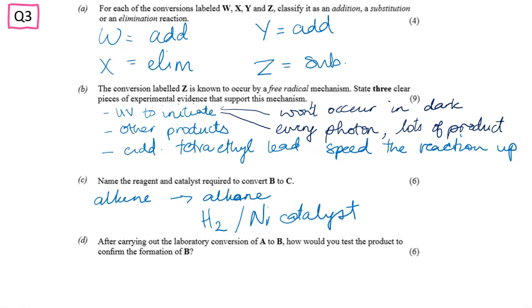D, after carrying out the conversion of A to B, how would you test the product to confirm the formation of B? And so here they're asking us for the test for unsaturation, because we know that B is our alkene, so there's a carbon-to-carbon double bond in there, which means that the compound is unsaturated.